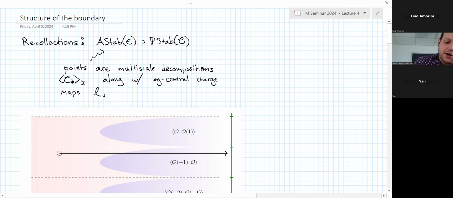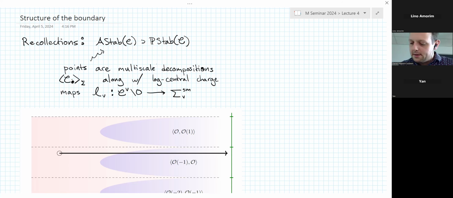Basically, for each terminal component, it's a map from the corresponding subquotient category CV minus 0 to the smooth part of that component. So that's the data.